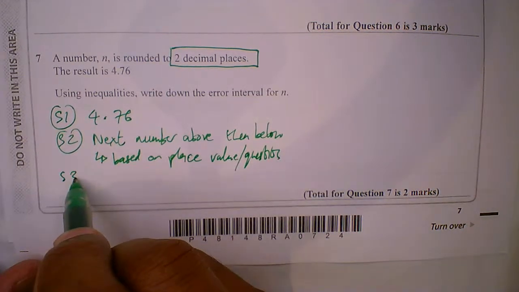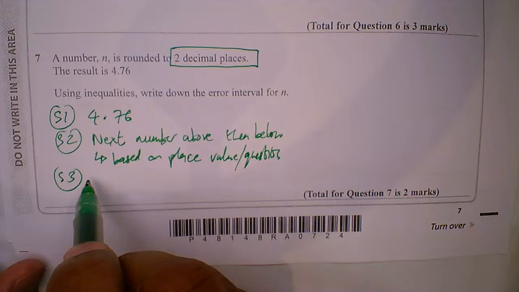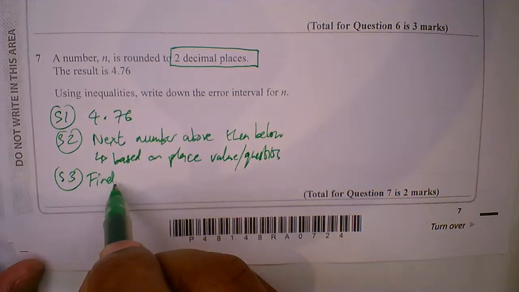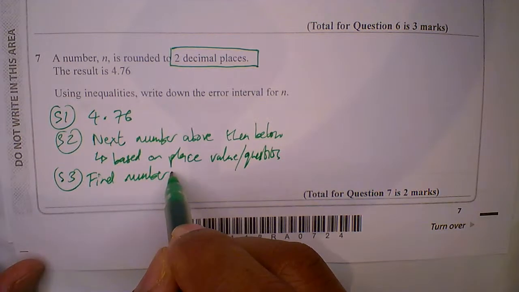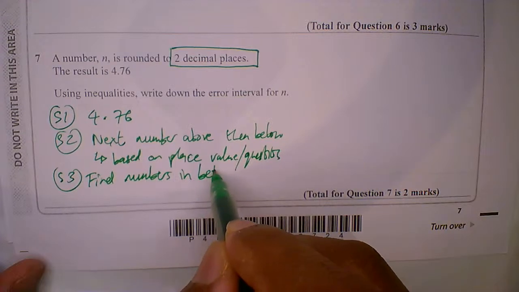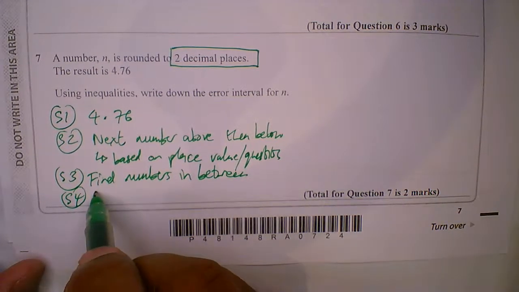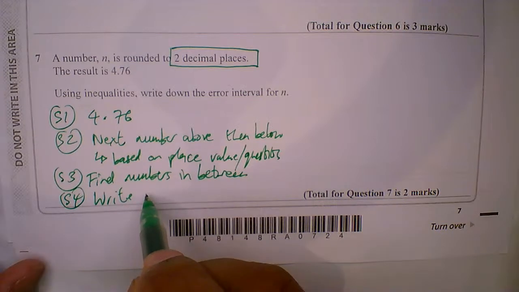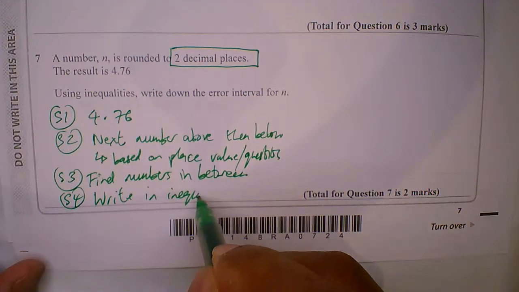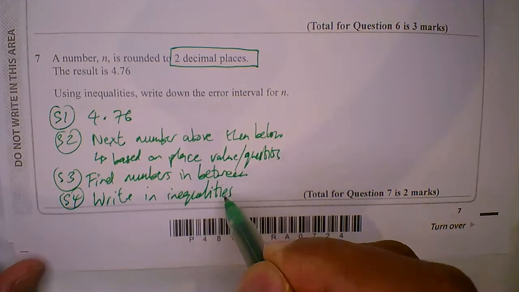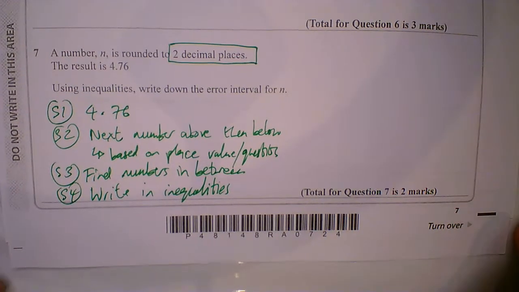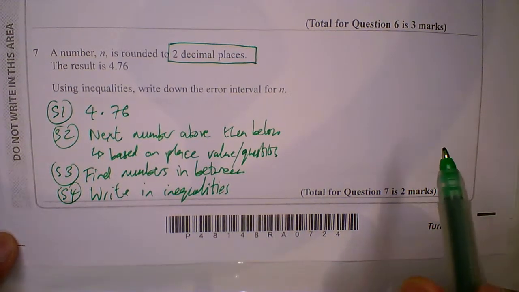Step 3: I find the numbers in between. Step 4: I write them in inequalities. Sounds very complicated, but really straightforward once you see it.